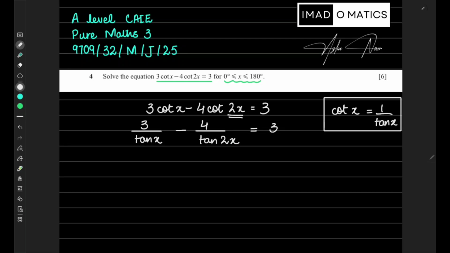equals 3. Now we must use one more identity: what is tan 2x equal to? It is 2 tan x over 1 minus tan square x.